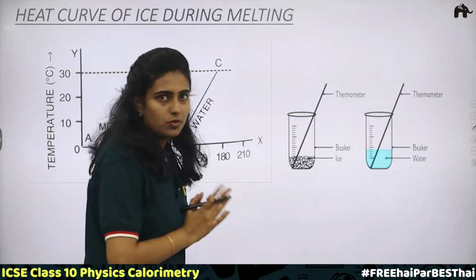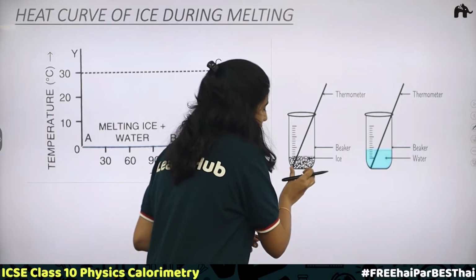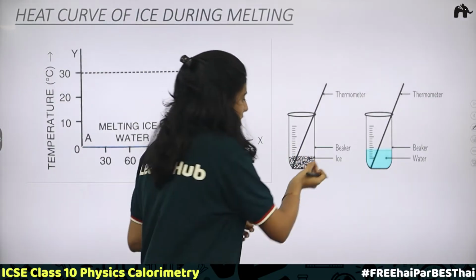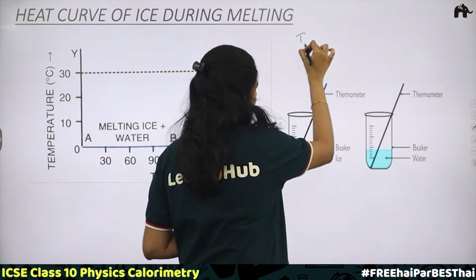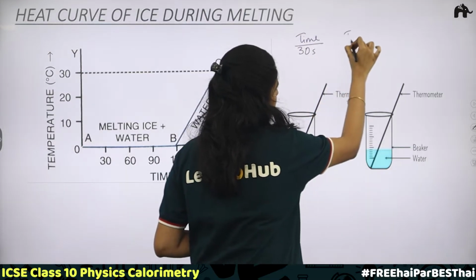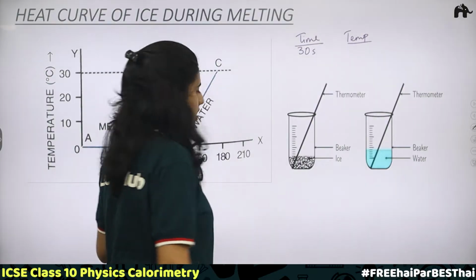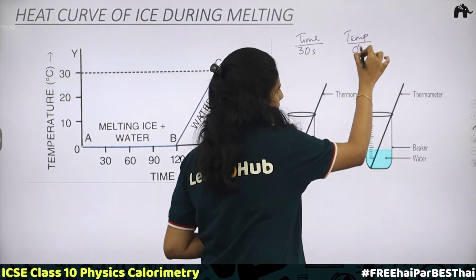Okay, now what you're going to do is provide heat. You have to start heating this. While heating, what is happening? You are giving heat energy. Heat energy is being supplied. Okay, every 30 seconds you're going to note the temperature. Initially the temperature is 0 degrees Celsius. After 30 seconds when you note, it will be again 0 degrees Celsius.